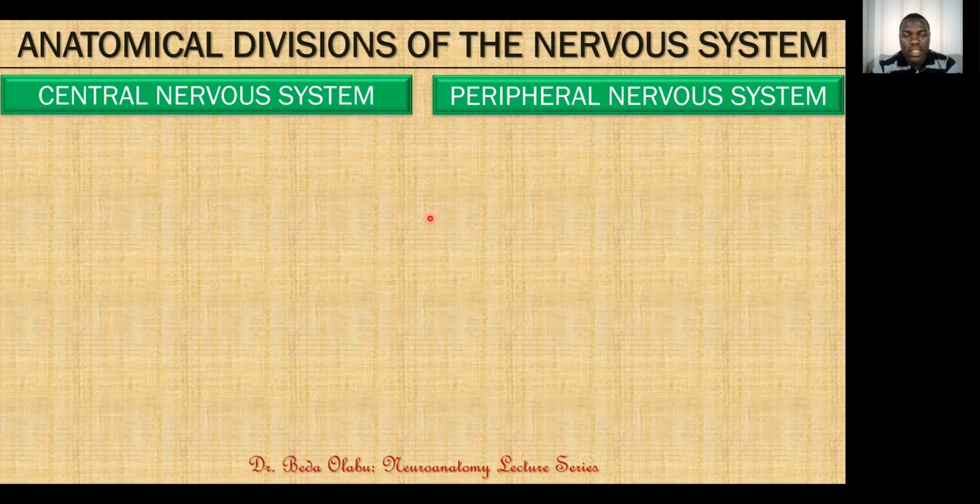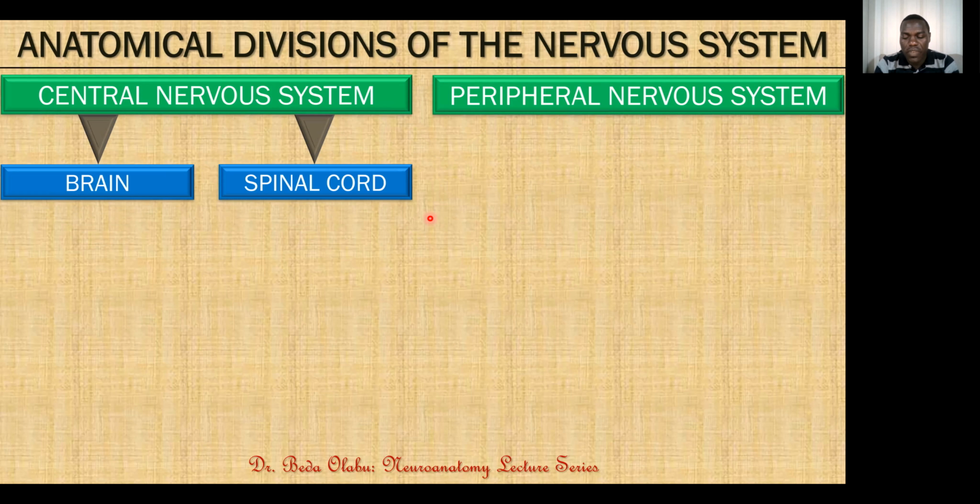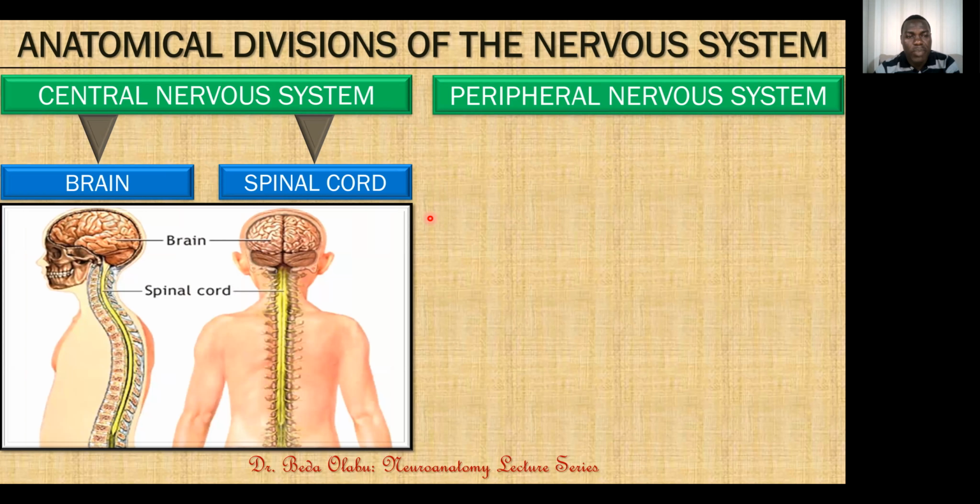First, we agreed that the nervous system can be anatomically divided into the central nervous system and the peripheral nervous system. When you talk of the central nervous system, we are referring to the brain and the spinal cord. The brain is housed within the cranial cavity, while the spinal cord is housed within the vertebral canal.